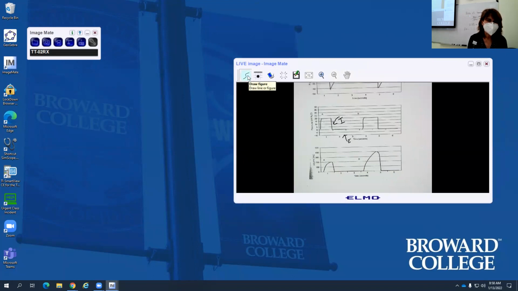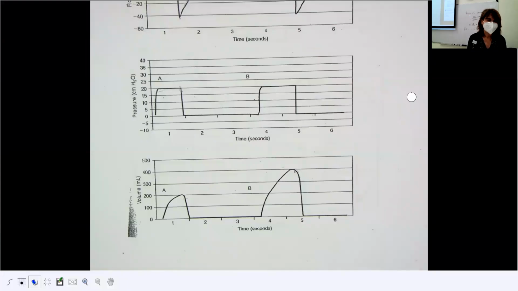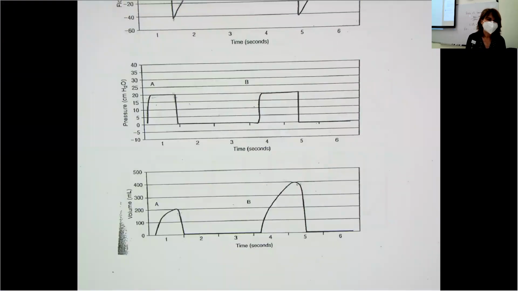Where's the eraser? Okay, I'm not drawing anymore. This is too complicated.